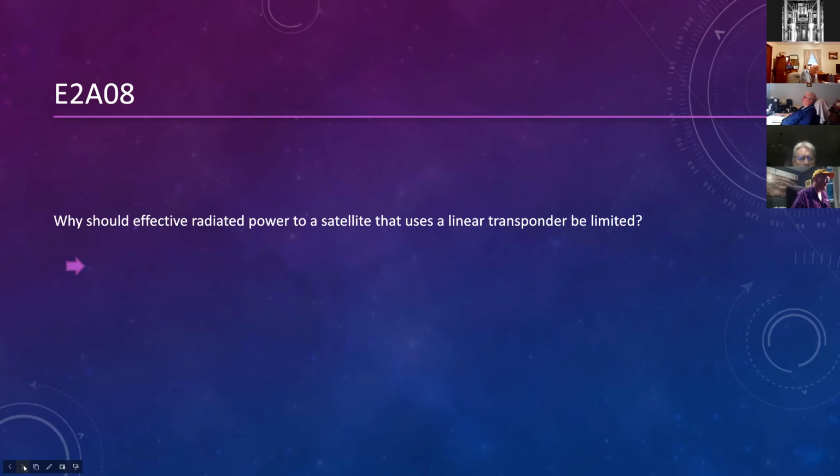Why should effective radiated power to a satellite that uses a linear transponder be limited? Knowing how the satellite's power works, this one kind of makes sense: to avoid reducing the downlink power to all the other users on the satellite. What do the terms L-band and S-band specify regarding satellite communications?